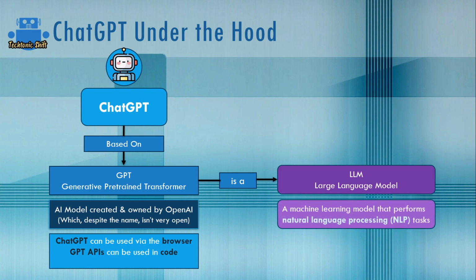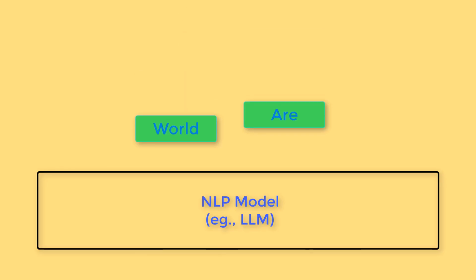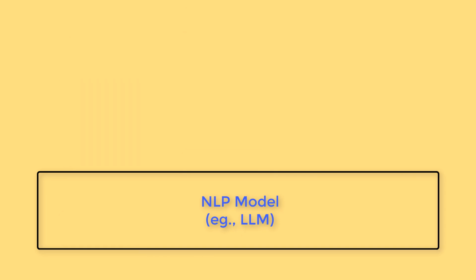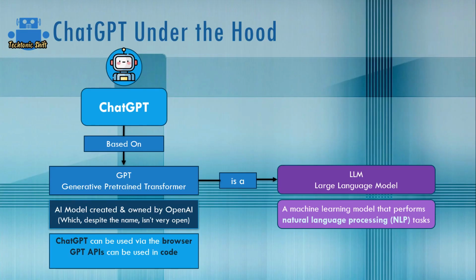Large language models are in the end machine learning models that perform natural language processing tasks. So, machine learning models that are built and optimized to understand and process text that's readable by humans, and models that can then do things with that text.